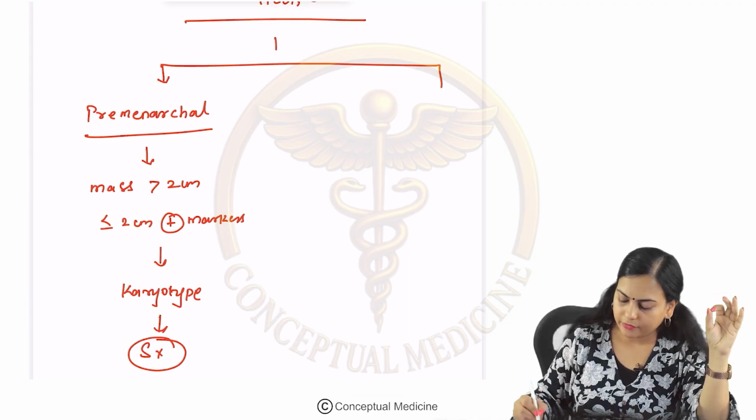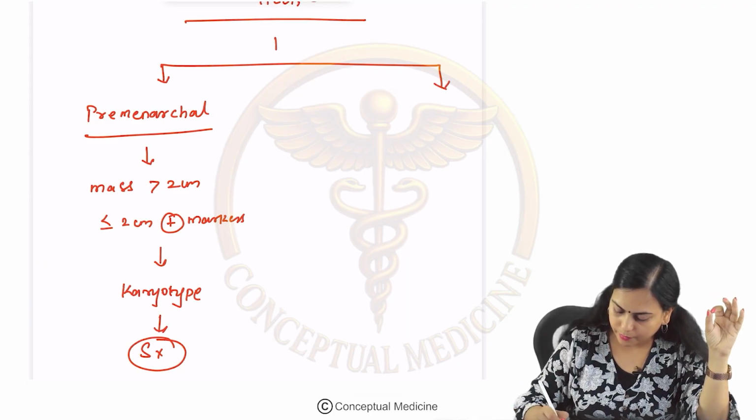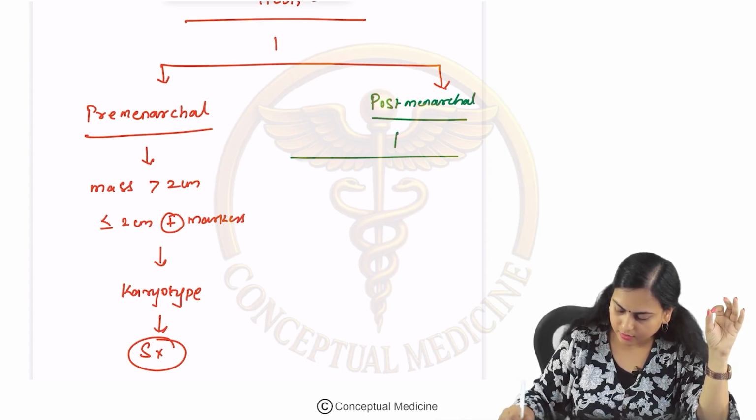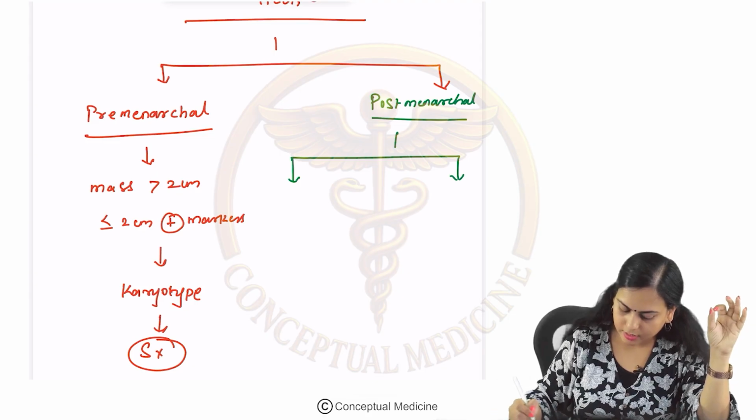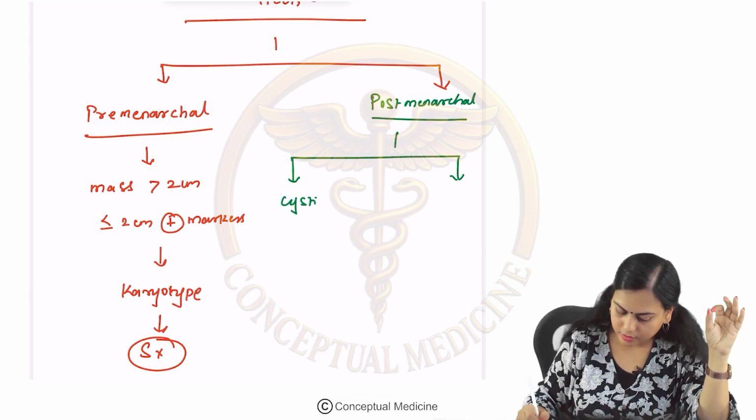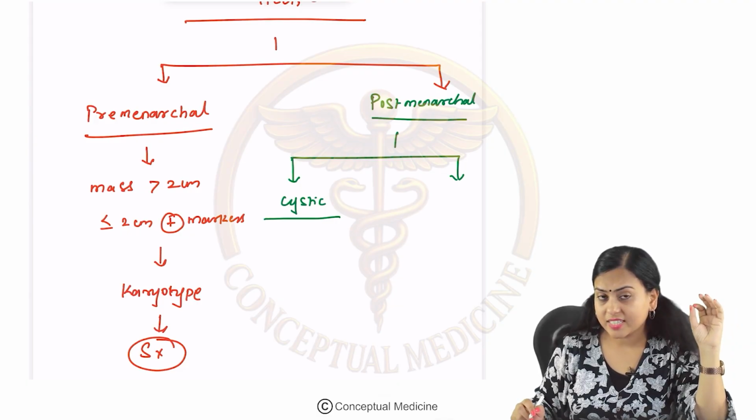Clear? If they are postmenarchal females, then you have to see whether it is cystic, and the size should be seen.